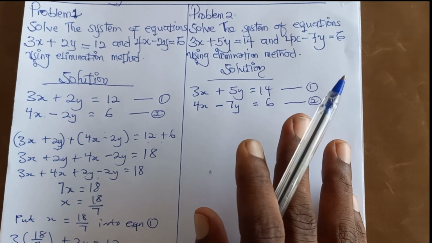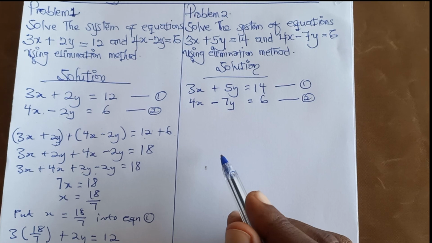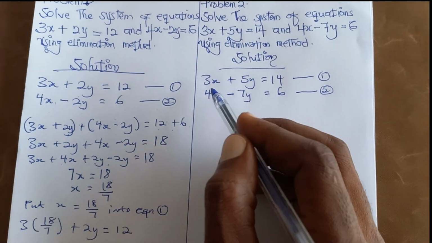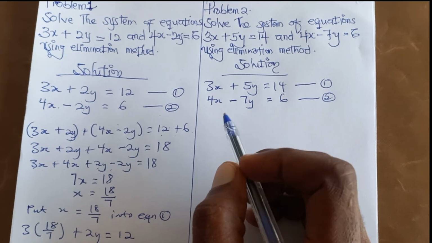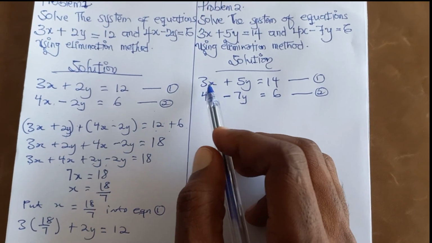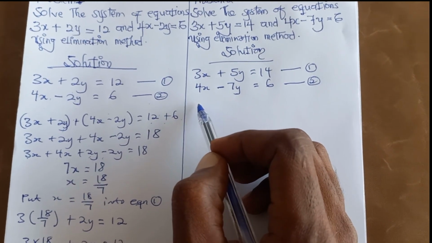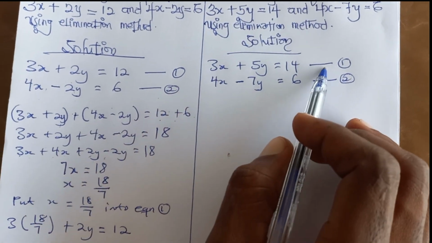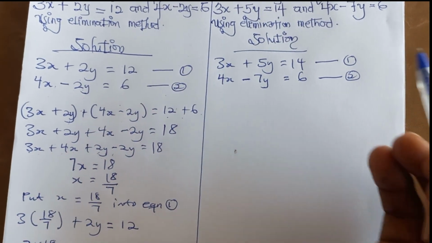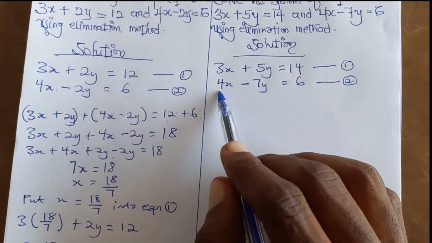We have to check the coefficient of the variable we want to eliminate. For this case, let us eliminate the variable x. The coefficient of x in the first equation is 3, and that for equation 2 is 4.